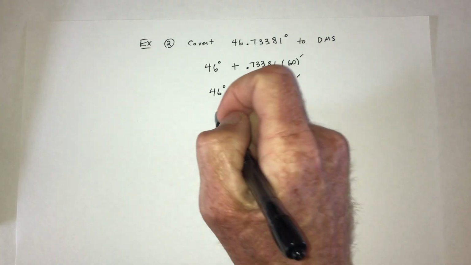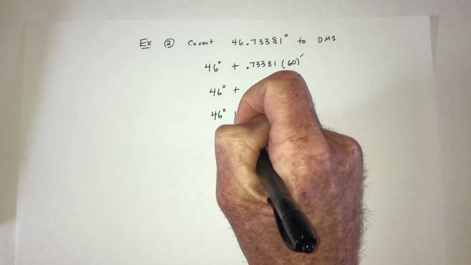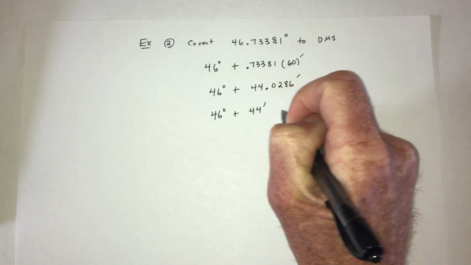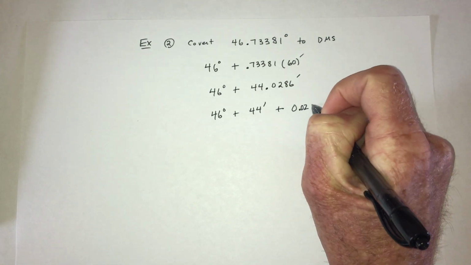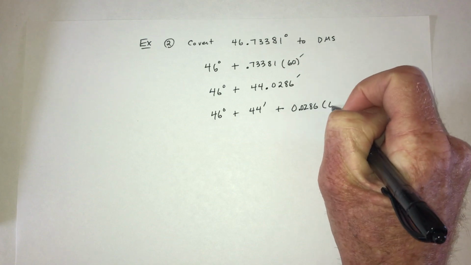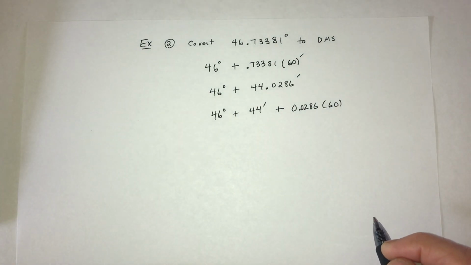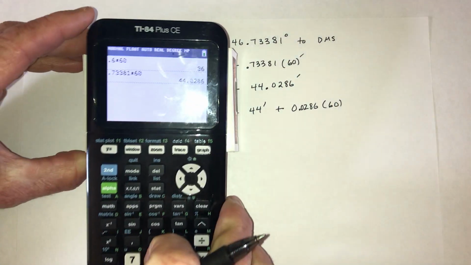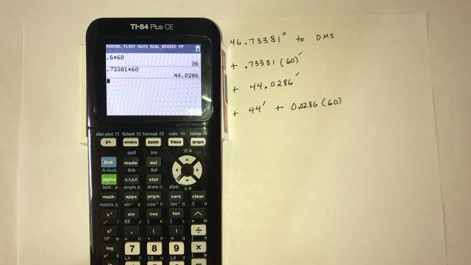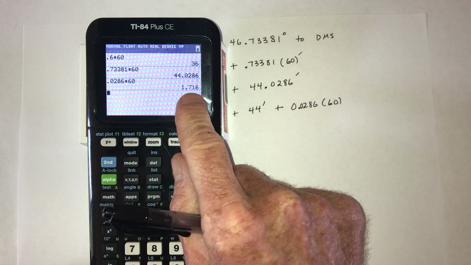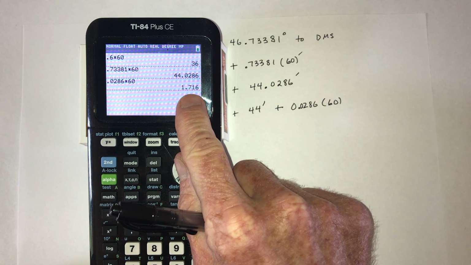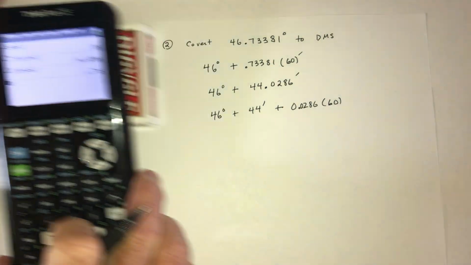And now we'll take off the 44, so 46 degrees plus 44 minutes plus, take the decimal part, oops, I forgot a 0, 0.0286 and multiply that by another 60. And then that's how many seconds. And because we don't go to microseconds or milliseconds, you just stop right there and write that down.